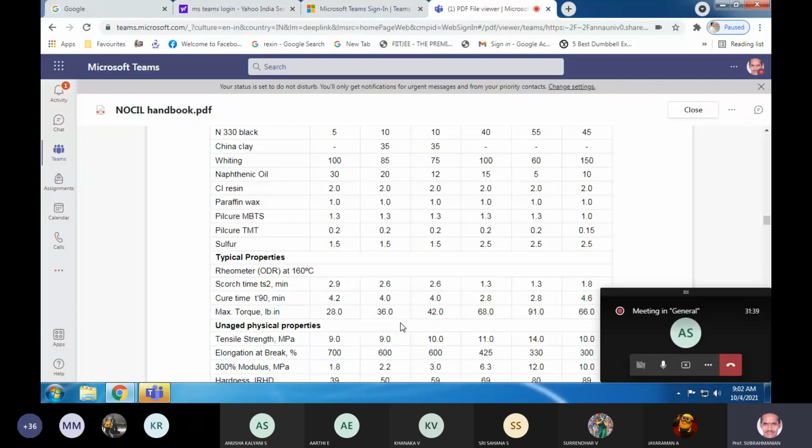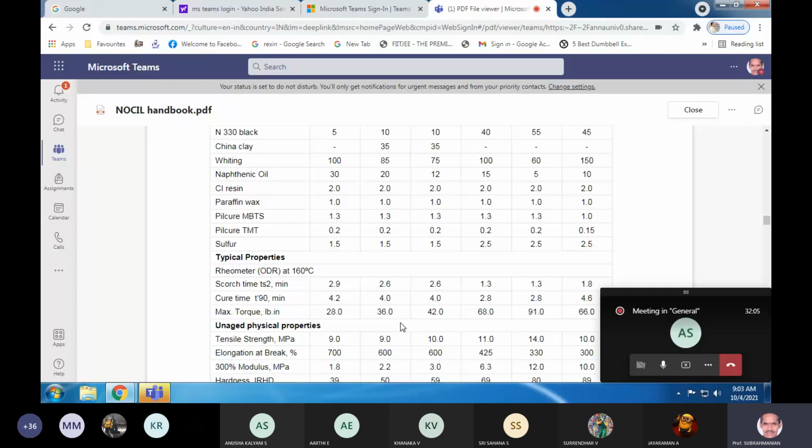By the way, TMT stands for TMTD, not TMTM. Okay? It is a disulfide, tetramethyl thiuram disulfide. What is the quantity? Just about 0.2, right? And you can visualize the importance of the dispersion.